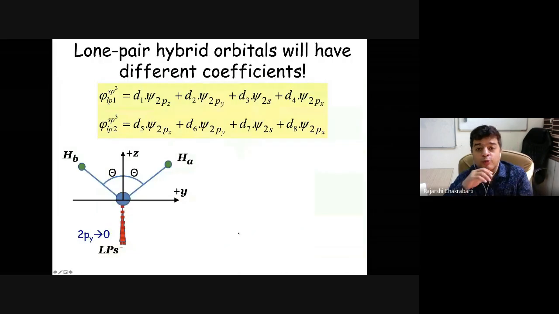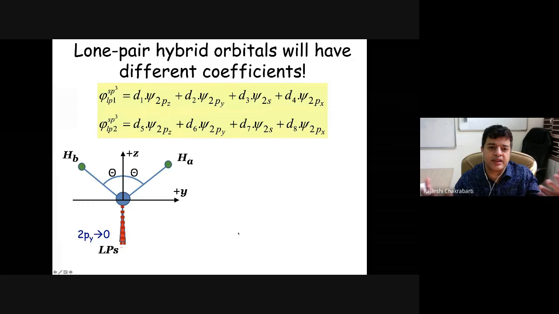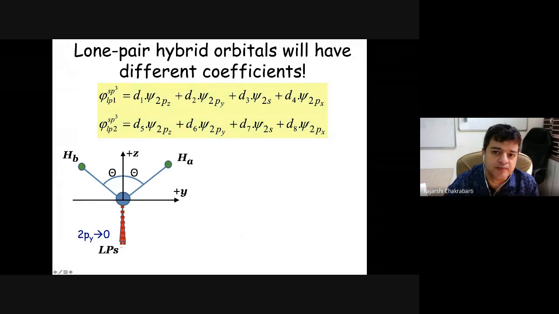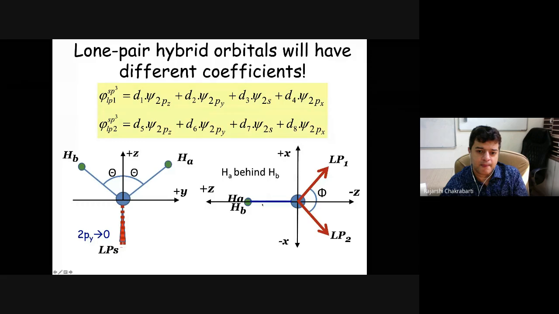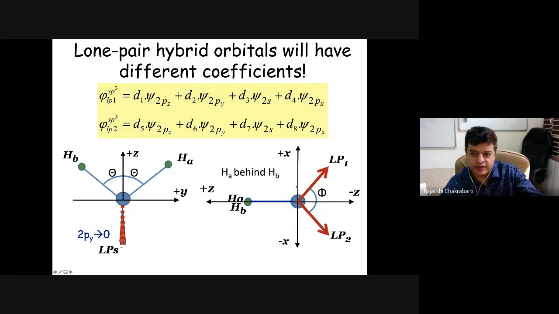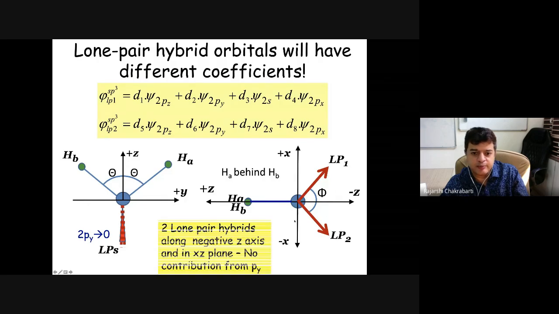Now, what happens to the lone pairs? The lone pairs I write like this: sp3, with these coefficients. If I rotate this molecule, I know these are the lone pairs LP1 and LP2.